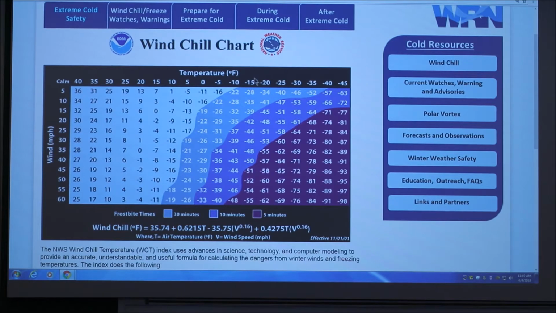Calm is 0. So as you go down, even just 5 miles an hour is 14 more degrees lower. And then 41, 45. And then they try to tell you when frostbite will occur. In this region, if you expose your skin for 30 minutes, it will occur. Here it's 10 minutes. Here it's 5 minutes.